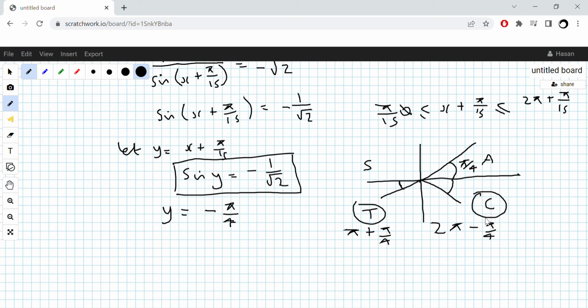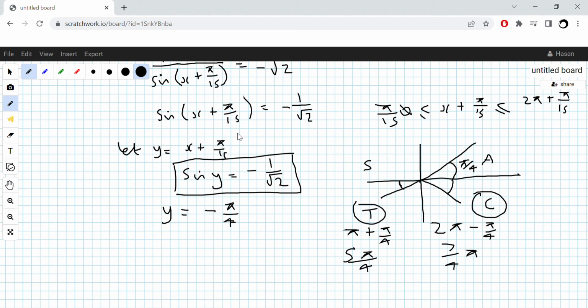You simplify this to get 5 pi over 4, and simplify that to get 7 over 4 pi. And these both fit in our interval of pi over 15 to 2 pi plus pi over 15.